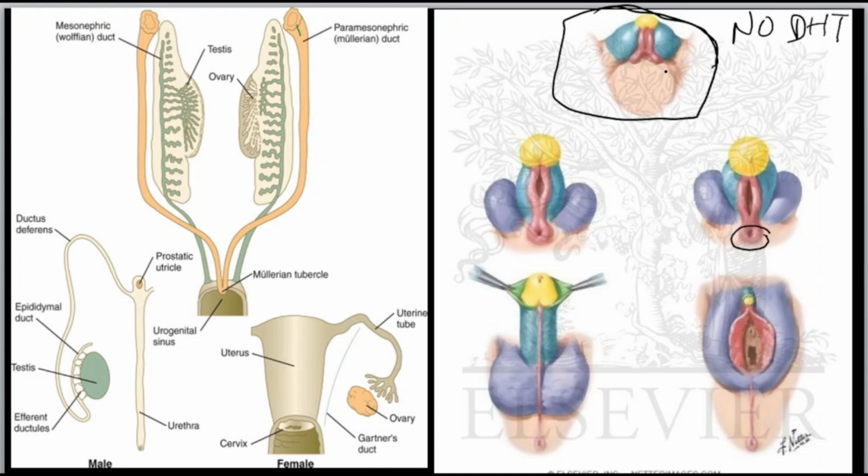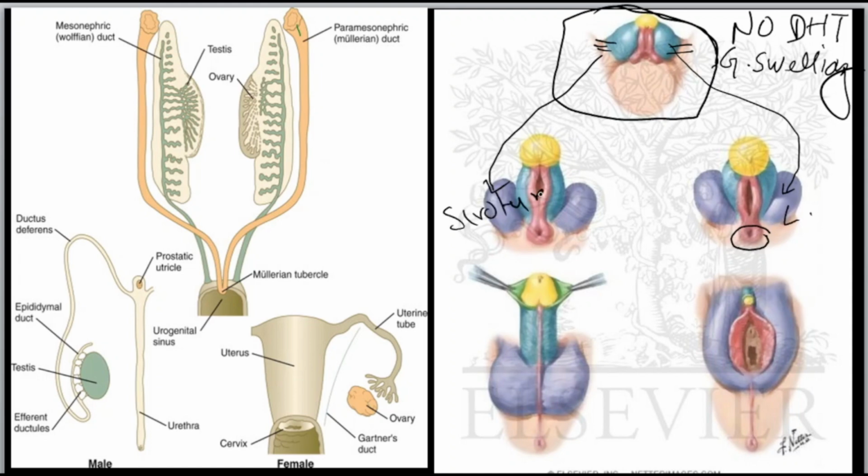in these indifferent stages of external genitalia, on the lateral side there are two genital swellings, bluish in color. In case of male, these give rise to formation of scrotum, where the testes remain. And in case of female, it gives rise to formation of labia majora.